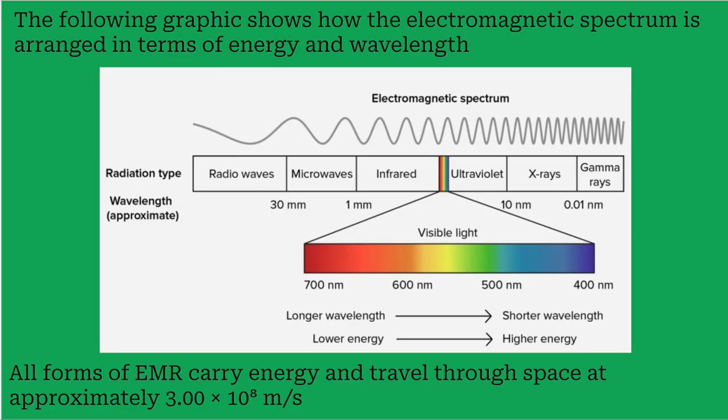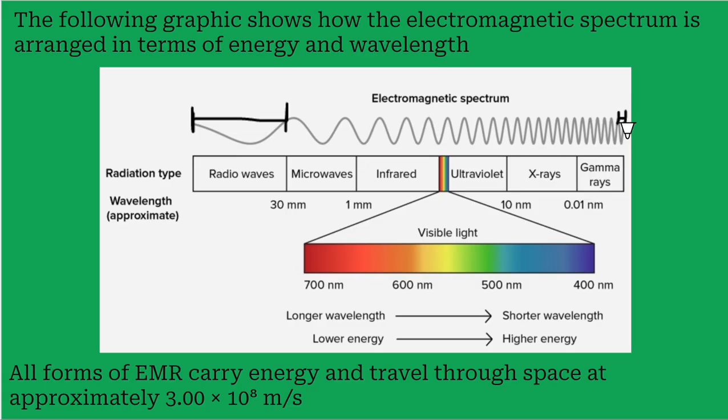Okay? So if we are looking, we have a wavelength. We start out on this end with radio waves with long wavelengths, and by the time we get over here to gamma rays, our wavelengths are much shorter, okay? Which we know then means that the opposite is true for frequency.